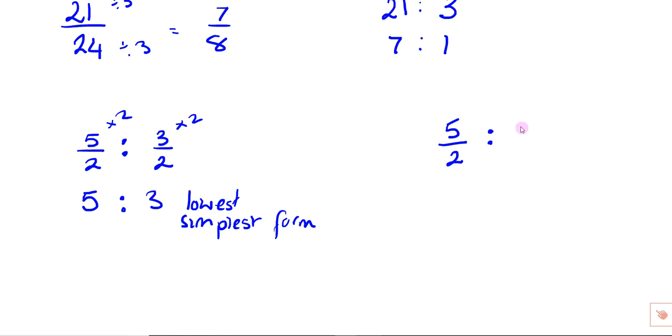Now, I could make it harder by doing, what if I had 5 over 2, 5 halves, to 3 quarters. Well, I'm not going to divide because I've already got division, because a fraction is a division. Don't forget, like with fractions, you have to multiply both things by the same amount. Times by 4.